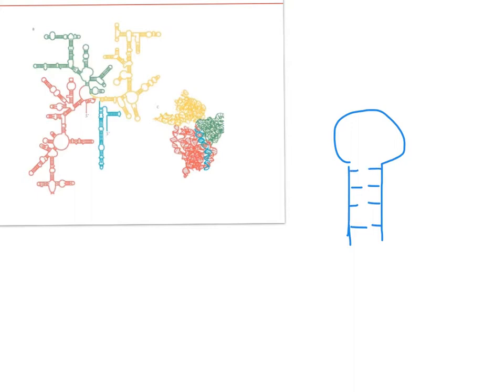These nucleotides are base pairing around the stem, and then in the loop, you have nucleotides that are not base pairing. So there's no base pairing among these. These are just kind of free floating.